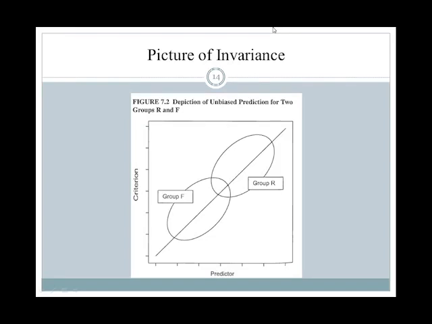So to give a visual representation of what non-invariance looks like and what a group difference in the construct looks like, I have two different pictures. In this first picture, we have a predictor variable, which in our case is our common factor variable, depression, for instance. And on the y-axis, we have our criterion. In this case, think of an item.